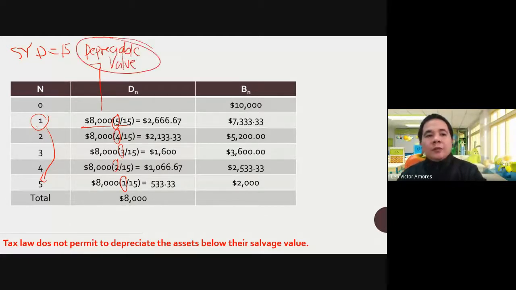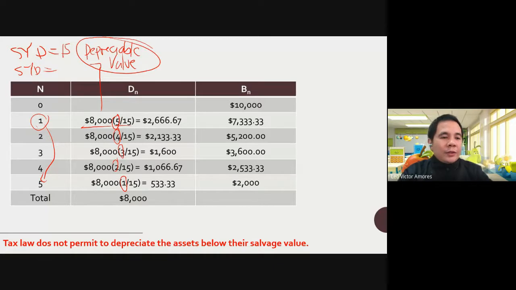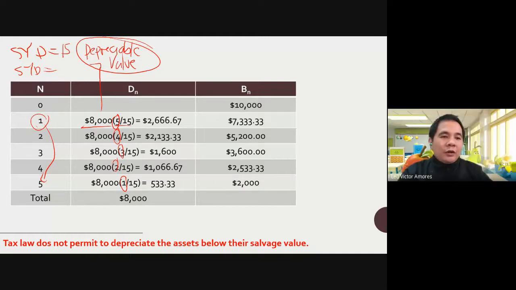No? So, what happens kung naamoy 10 years na service life? How do you get the digits? Anyone? What is the SYD if you have a 10-year service life? 55. Giyan sa man yung pag-solve. Gi-add ang 1 to 10. Okay.